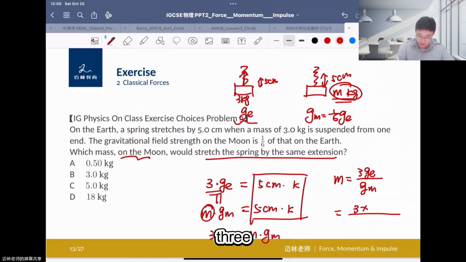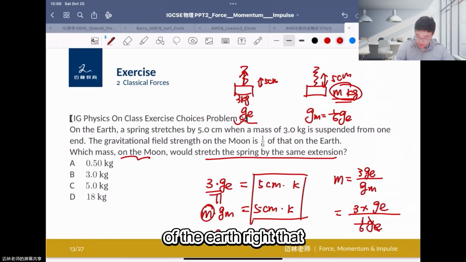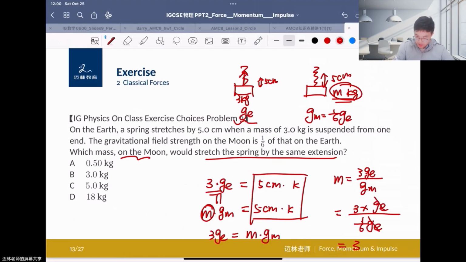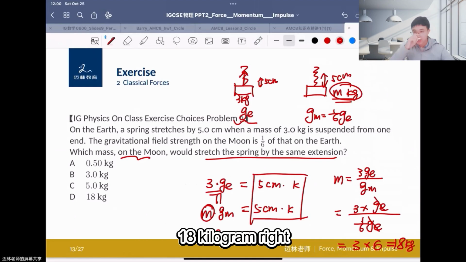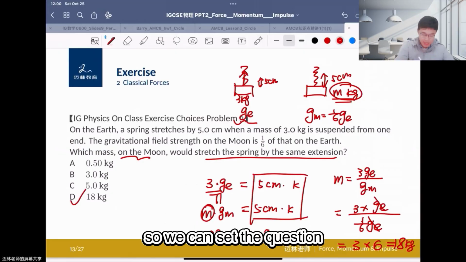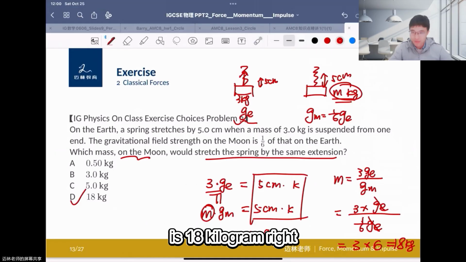Here g Moon is 1/6 of g Earth, so cancel them and it is 3 times 6, which equals 18 kilograms. So the answer to the question is 18 kilograms.